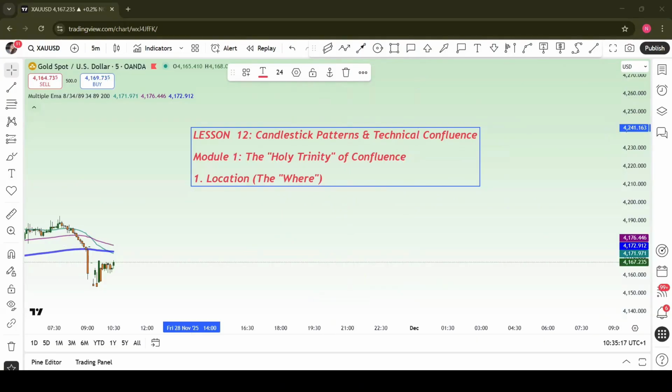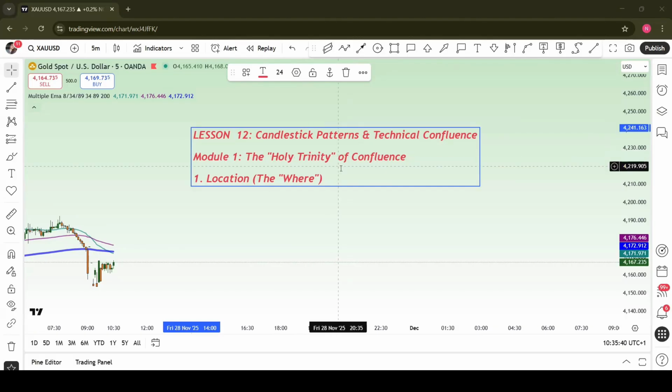A reversal signal is only valid if it occurs at a key zone. So what is a key zone? That is horizontal structural levels. We will pay attention to the previous support or resistance, or daily highs and lows.